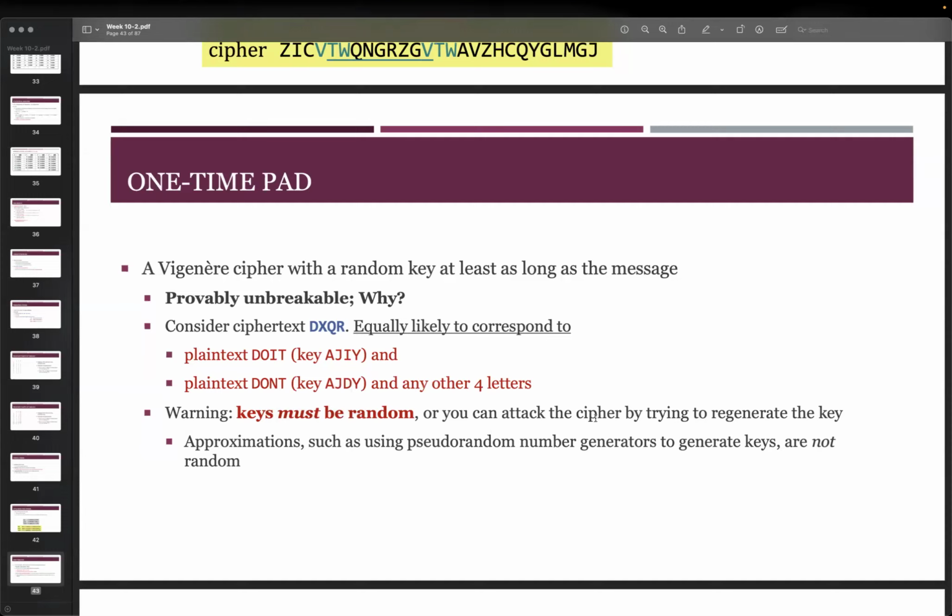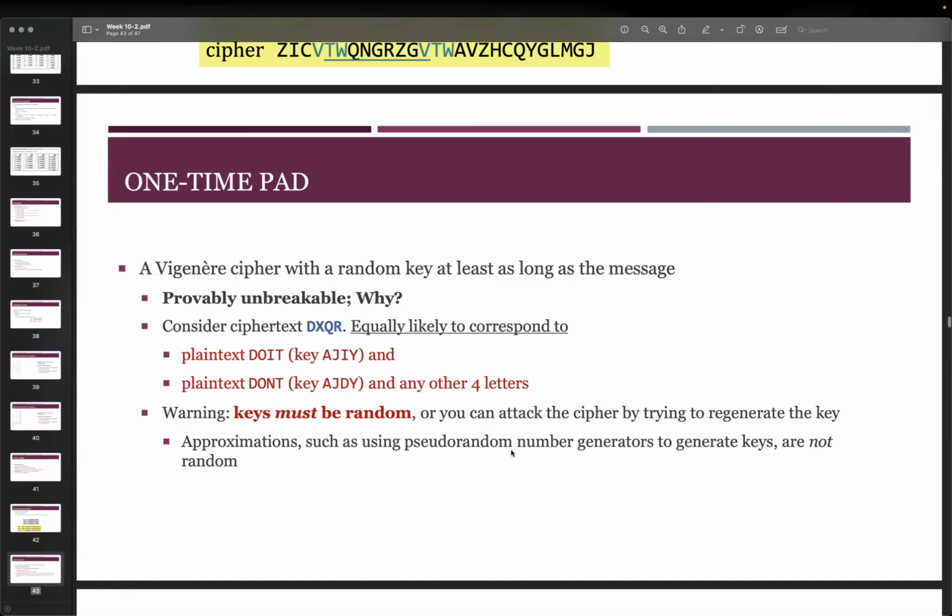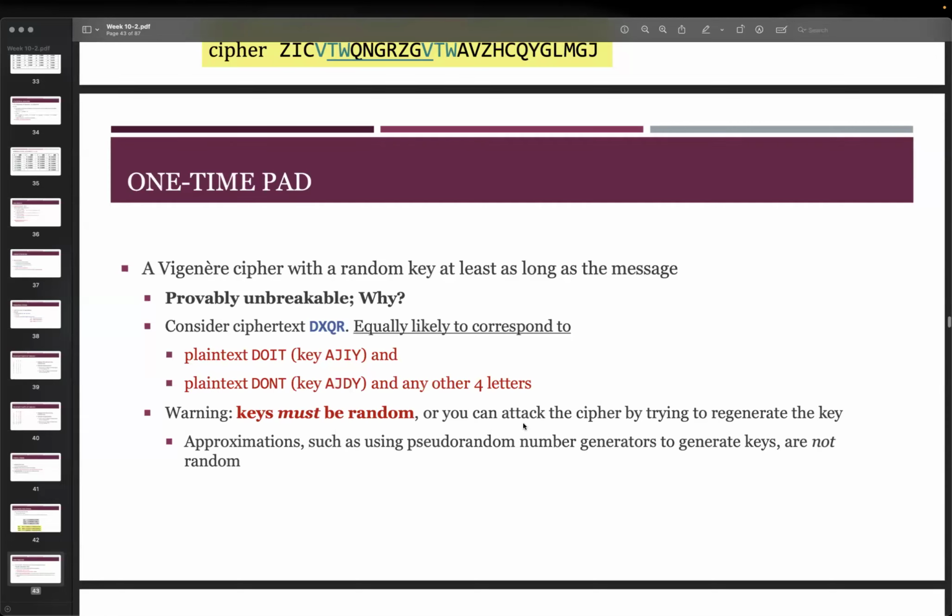So when you try to attack the cipher, maybe we generate the key, so kind of an approximation. So when we're using pseudo random numbers to generate a key, you know they are not random, right? In programming, when we try to generate a random number, actually they have what's called a random numbers table.